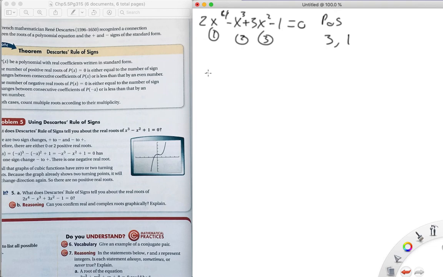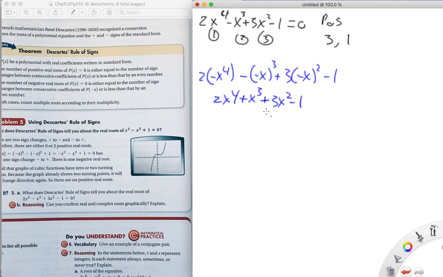When I do negative x, so it'll be 2 negative x to the 4th minus negative x cubed plus 3 negative x squared minus 1. This is going to be positive 2x to the 4. This is going to be negative times a negative, which is positive x cubed. This is going to be positive times a positive, so 3x squared minus 1.